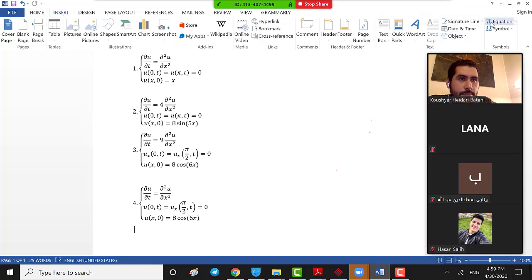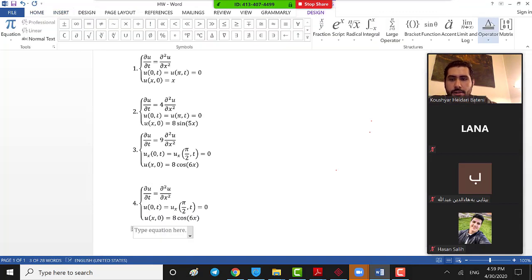For type 3, the eigenfunction used to be sine of (n minus 1 over 2). Guys, do you see what I'm writing? It is small.